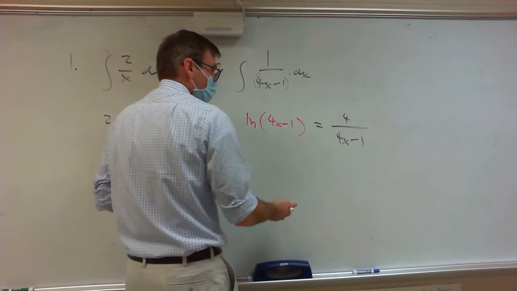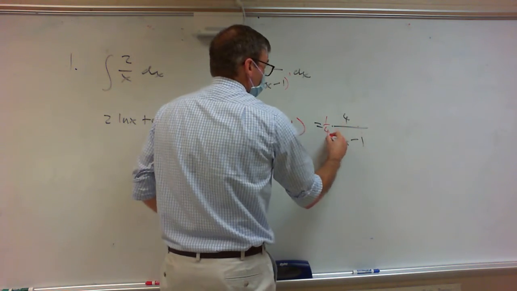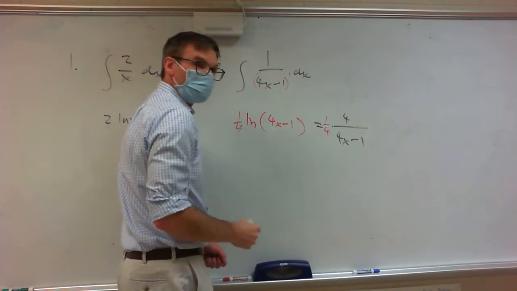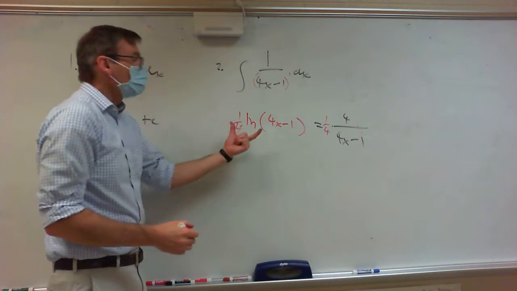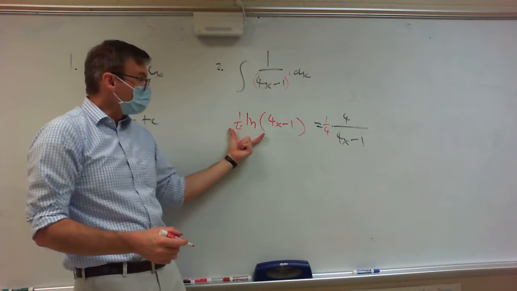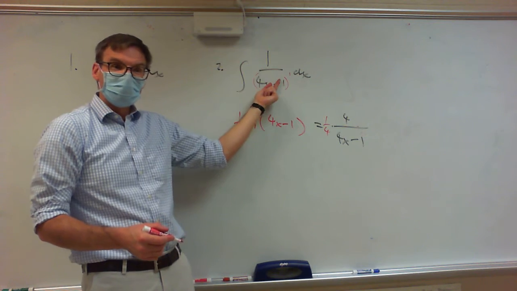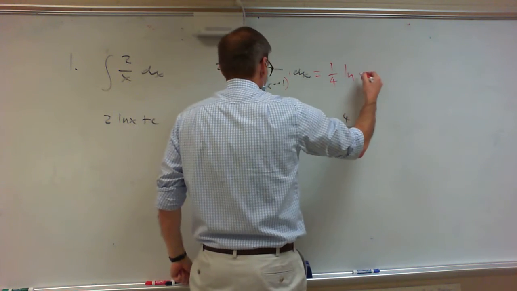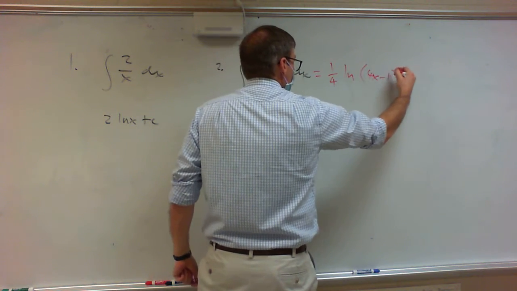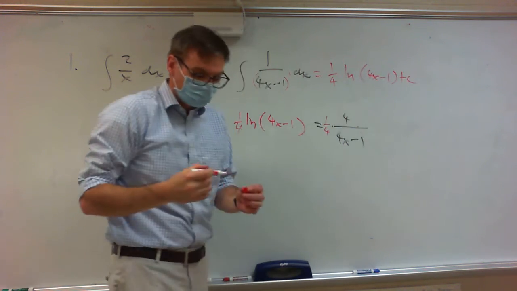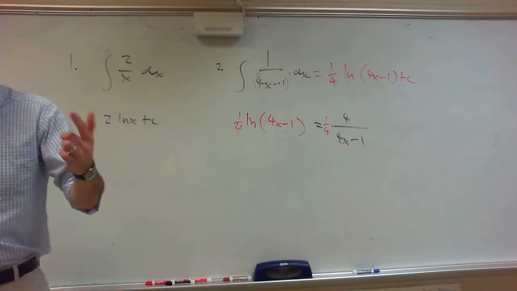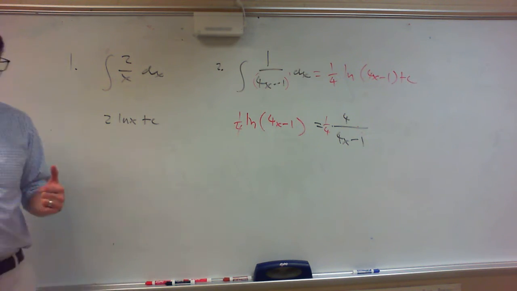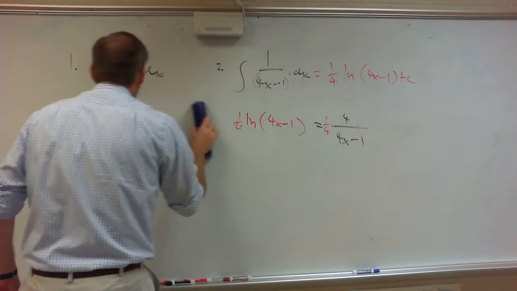Since I've got a fraction here, I'm going to multiply by 1/4. And now, do you see we've created something that when I take the derivative, I get this? And so this is going to give us 1/4 natural log 4x minus 1 plus c. Does this make sense? All right.